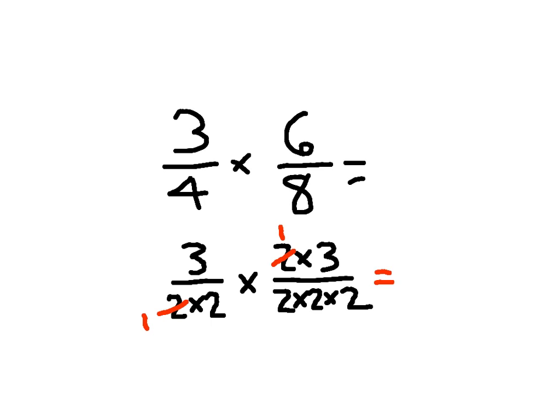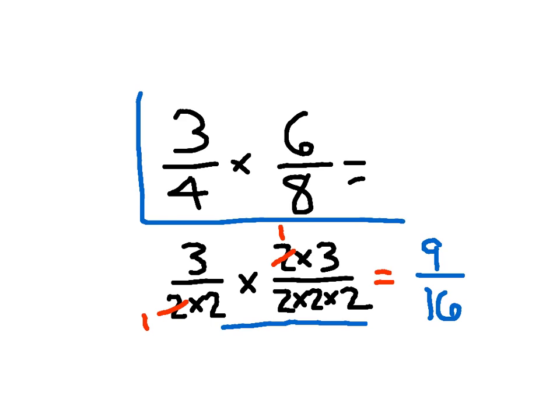So in the numerator, we end up with 3 times 1 times 3, which is 9, and 2 times 2 times 2 times 2. 2 times 2 is 4, times 2 is 8, times 2 is 16. So I have 9/16. 9/16 is in simplest form.